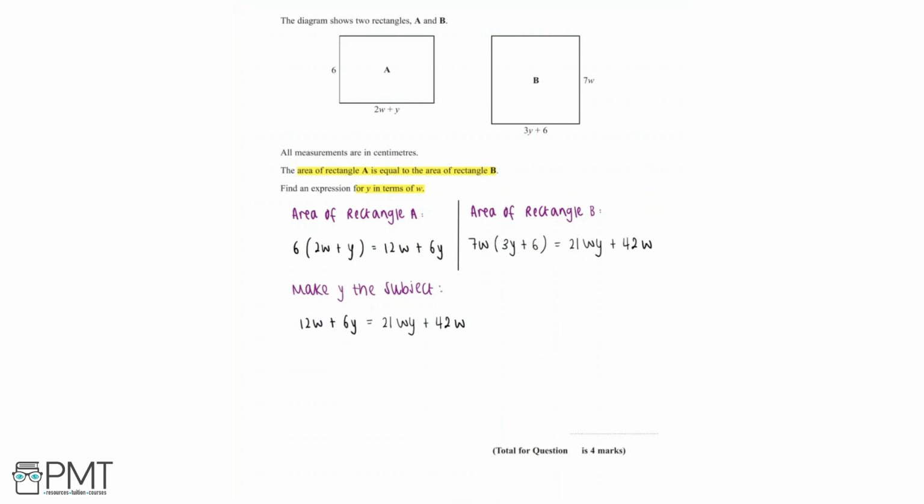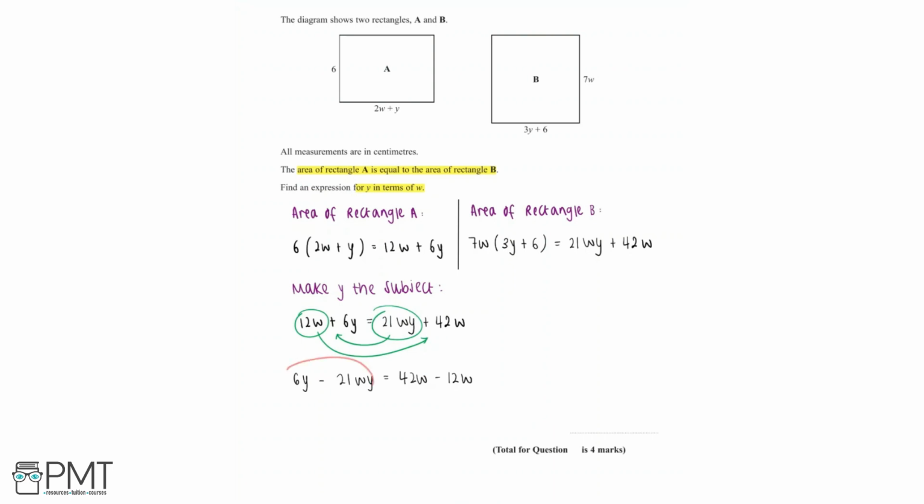We have two y terms, 6y and 21wy. We can do this by moving the 21wy to the left-hand side and moving the 12w to the right-hand side. And so we're left with 6y minus 21wy is equal to 42w minus 12w.